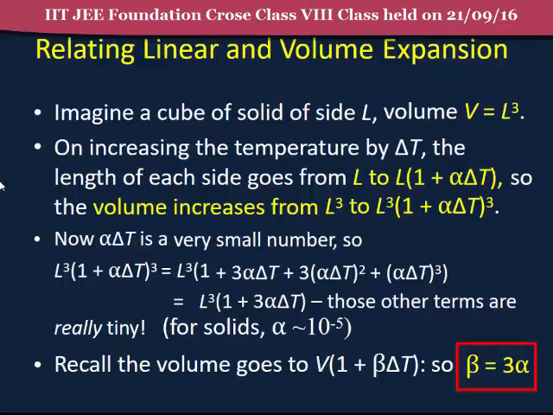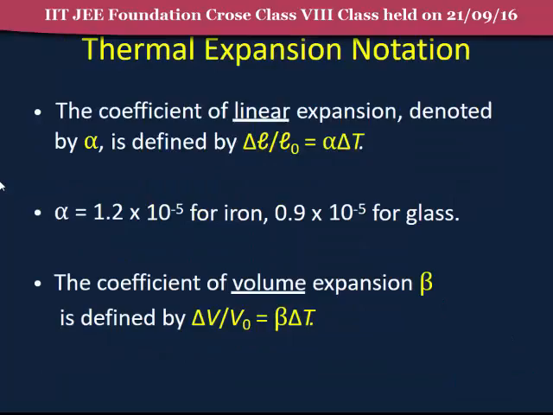Alpha is also tiny, and for solids it is almost 10 to the power minus 5. You know from the previous discussion that the difference between iron and glass is around 1.2 to 0.9, a difference of 0.3.